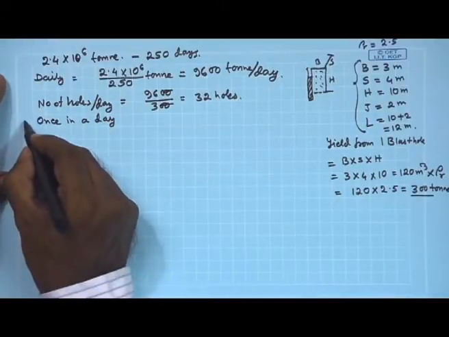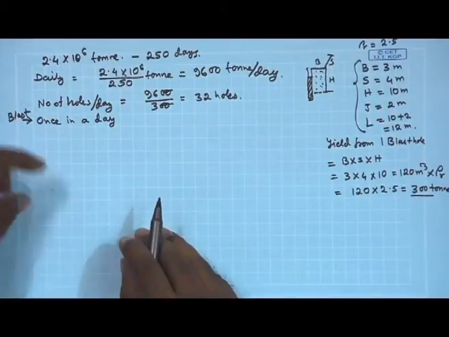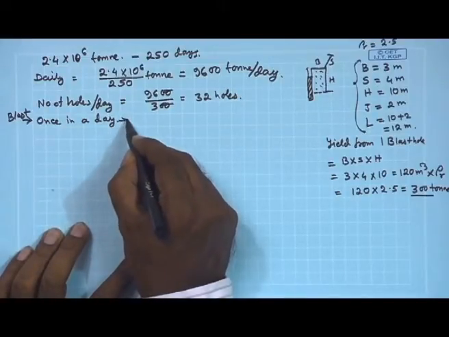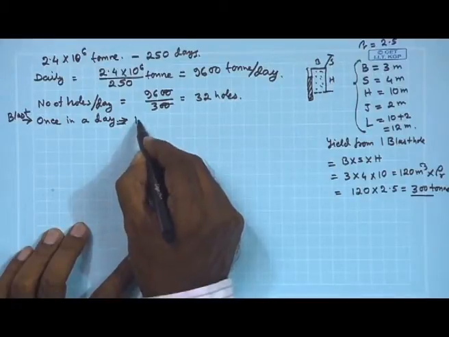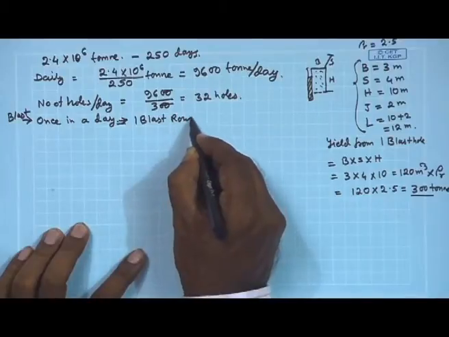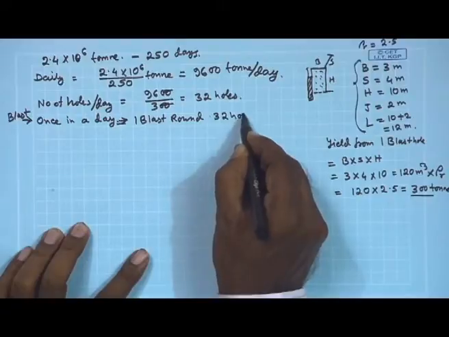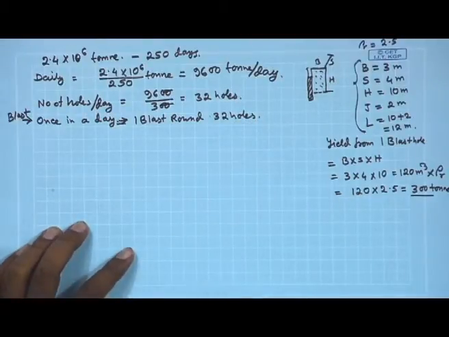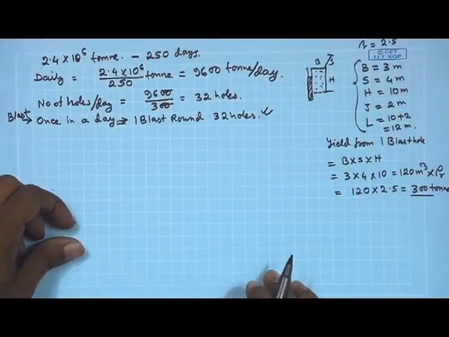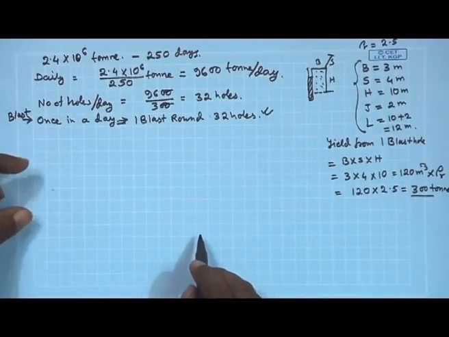So, blasting must be carried out once in a day, that means in one blast round we have to blast 32 holes.